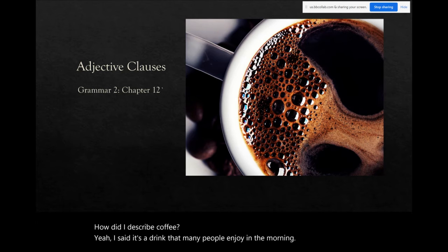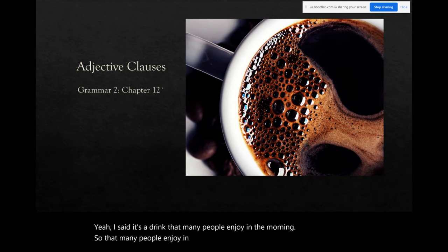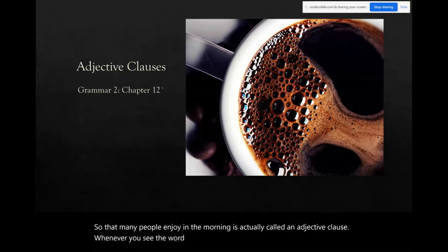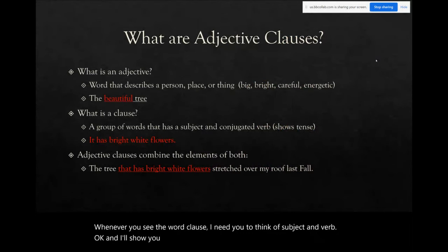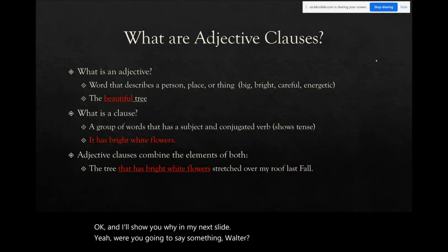So that many people enjoy in the morning is actually called an adjective clause. Whenever you see the word clause, I need you to think of subject and verb. Okay, and I'll show you why in my next slide. Were you going to say something, Walter? Describe the noun or modify the noun.